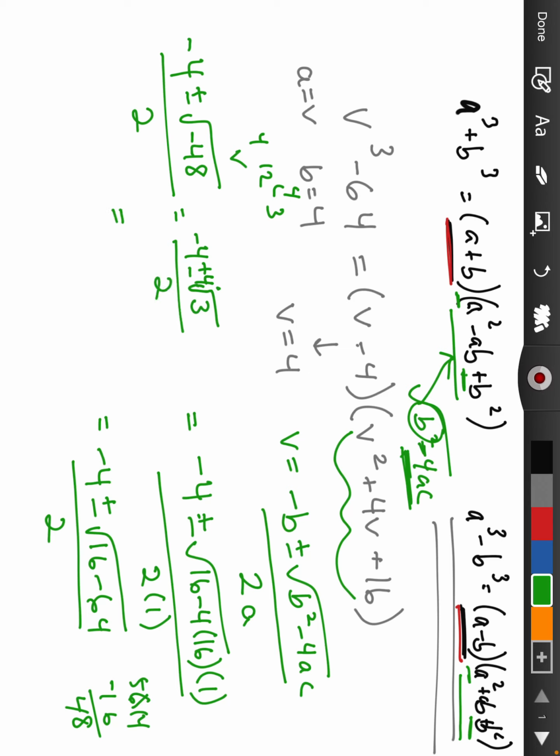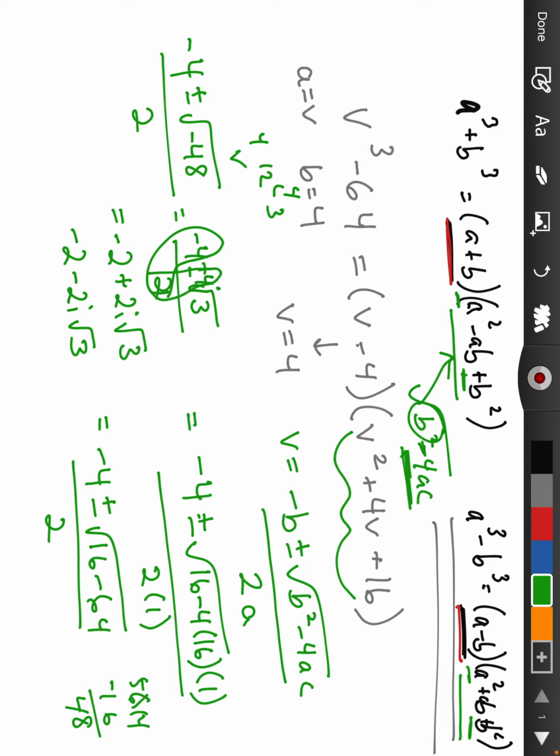So negative 4 divided by 2 is negative 2, plus 2i square root 3, and negative 2 minus 2i square root 3, because this divides into here, and it divides into that 4.